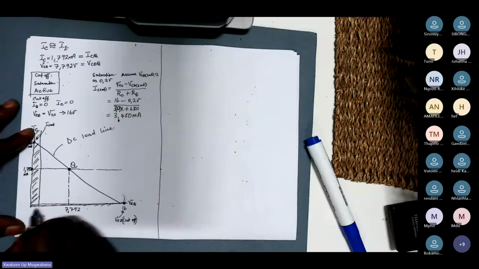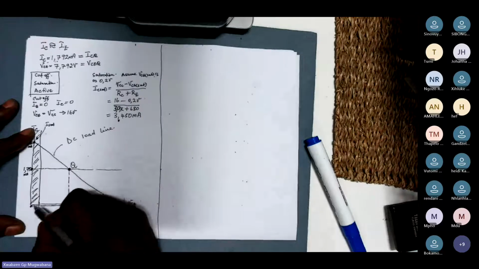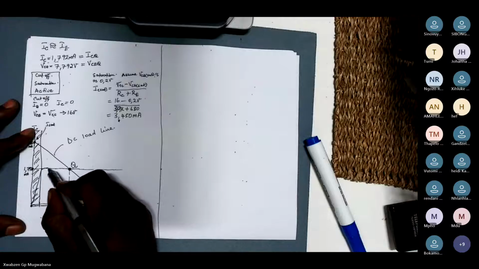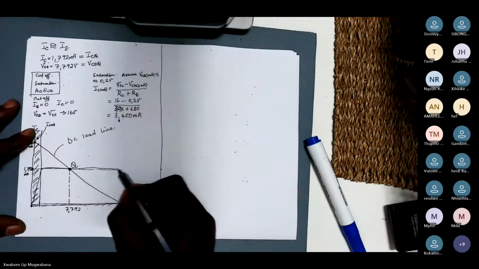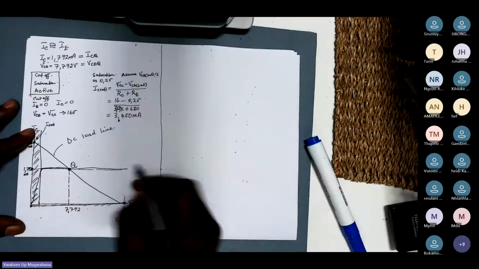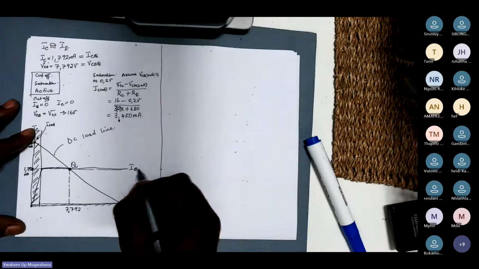Then, if you were to look at your beta DC, it will be somewhere moving along this line here, because it starts operating at 0.7 volts. This is your IBQ.